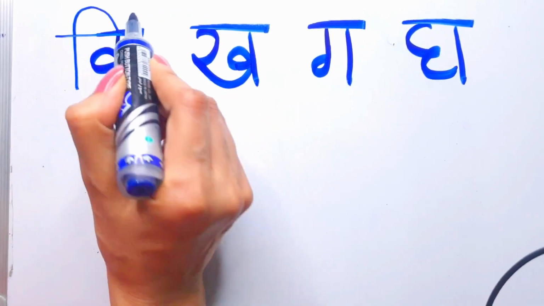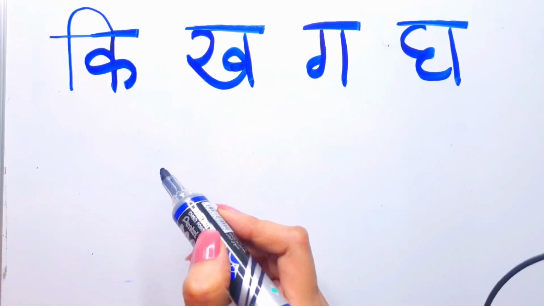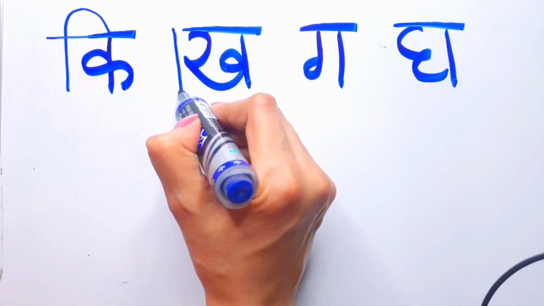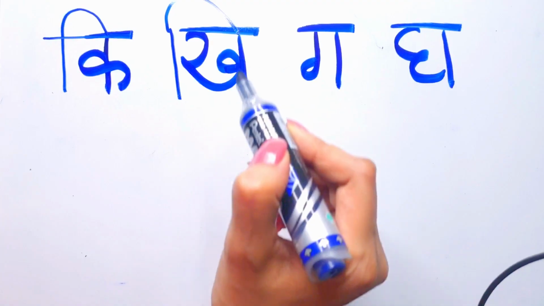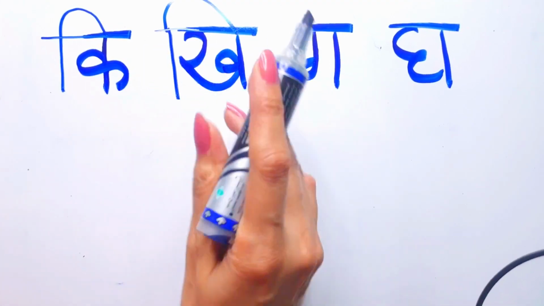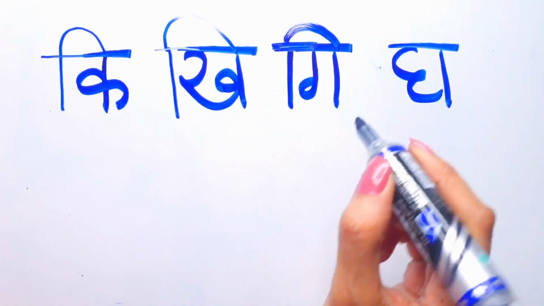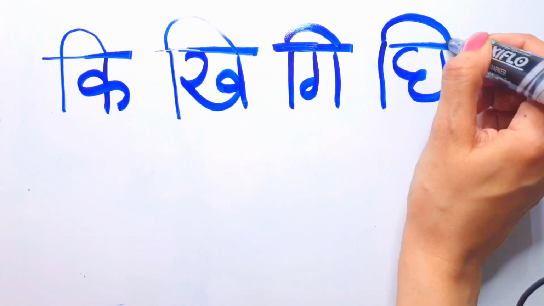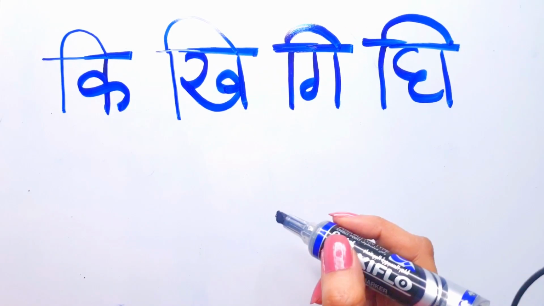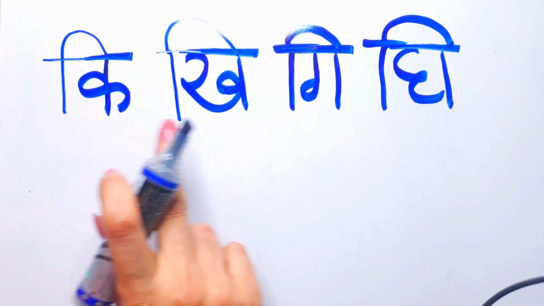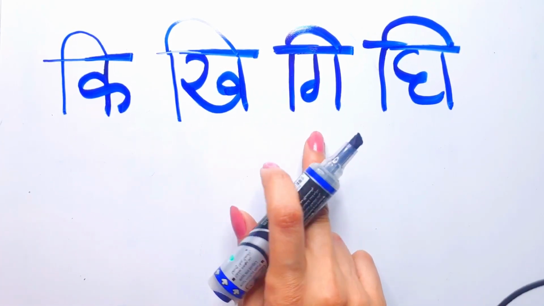Your e ki matra will go from here like this. Okay? Similarly, it will be like this. Okay, so this is ki, khi, gi, ghi.